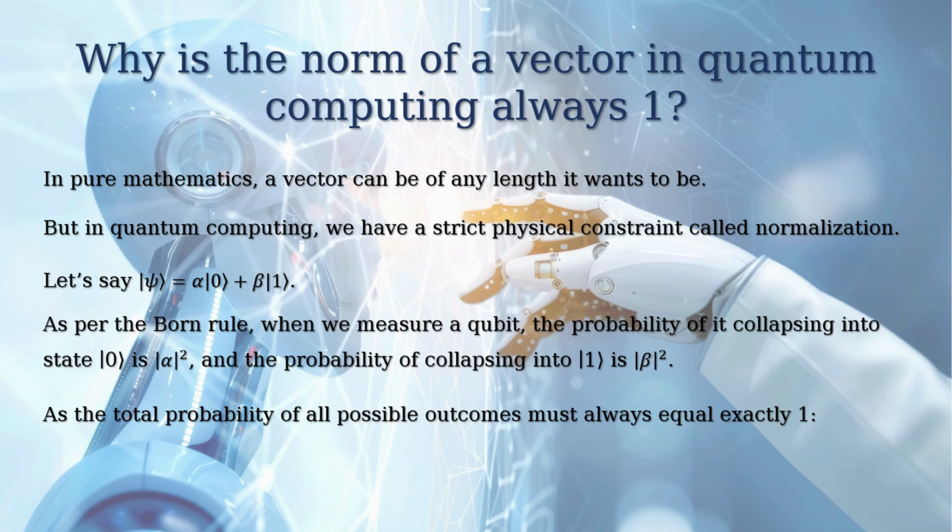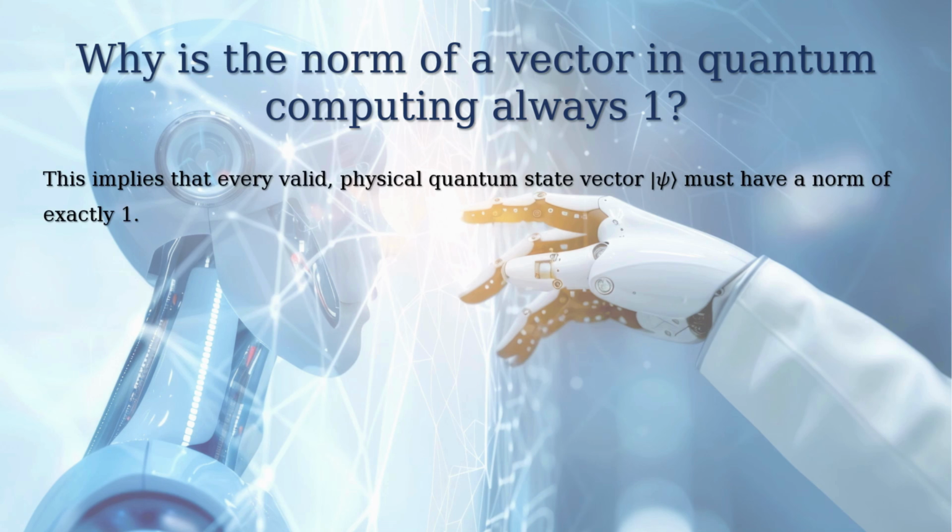As the total probability of all possible outcomes must always equal exactly 1, we have mod alpha square plus mod beta square is equal to 1. This implies that every valid physical quantum state vector ket psi must have a norm of exactly 1.